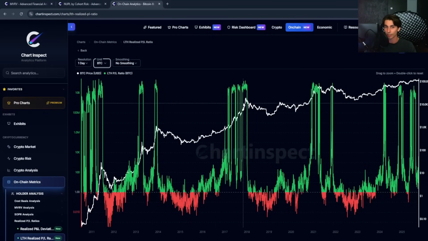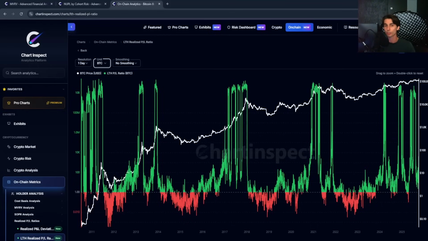In 2017 and in 2021 and in prior cycles, we saw massive sustained profit taking by these long-term holders near the tops. This ratio would spike to extreme levels as these patient holders distributed into these extended rallies, and they did so on the way up, right? Then in bear markets, this basically crashes, falling off a cliff in every prior peak.